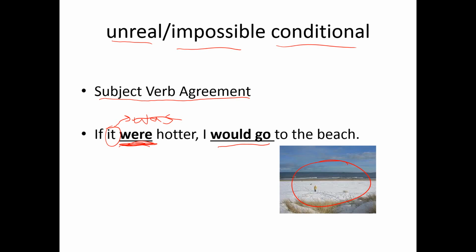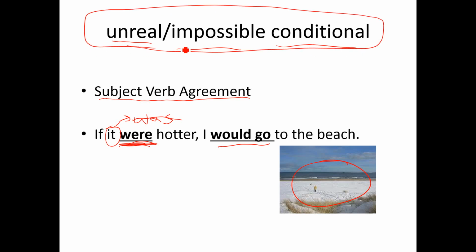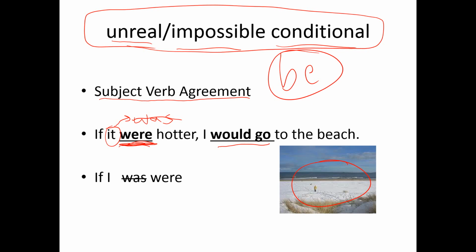But with this unreal, impossible condition, we have a funny rule for subject-verb agreement with the verb be. If plus I, and then here, instead of was, we put were.